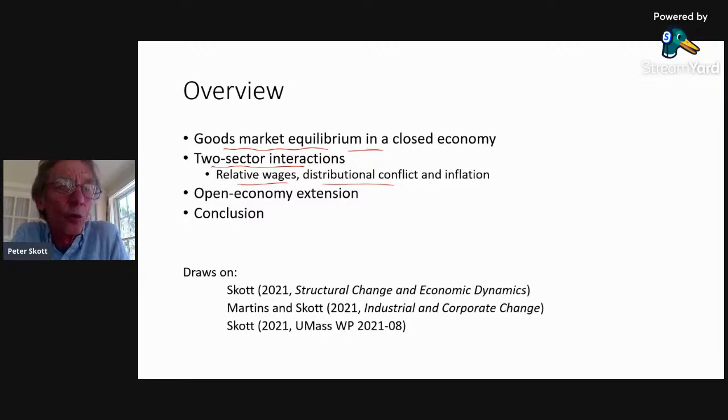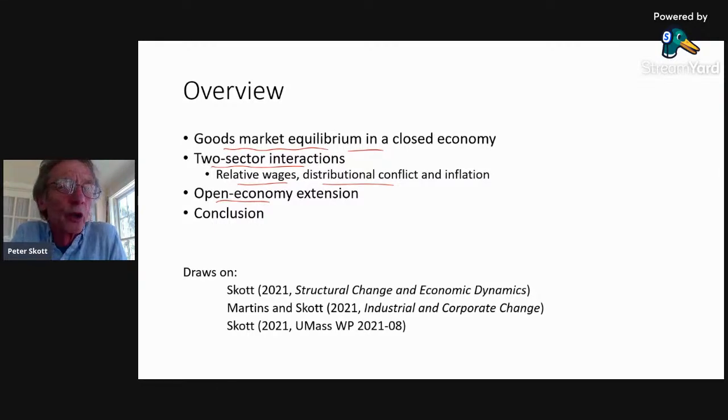And I think that is the way that supply side constraints often manifest themselves. I'll talk very briefly about an open economy extension. That'll be very brief. So in that sense, it's somewhat different from maybe the focus of yesterday's discussion.